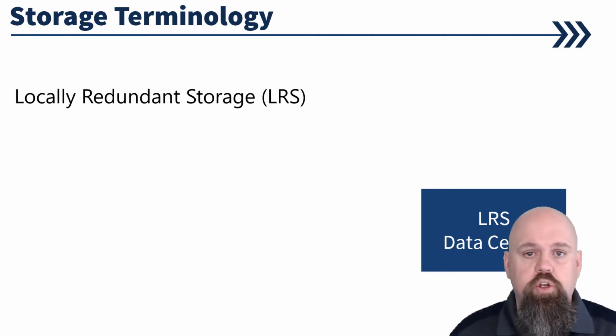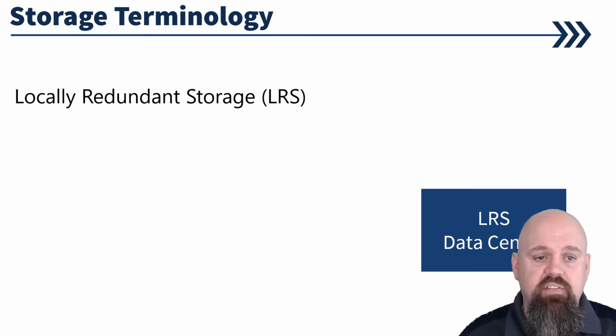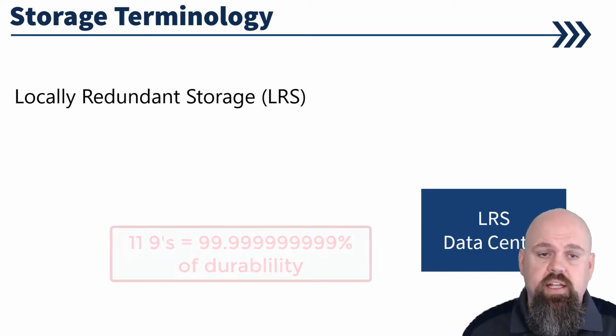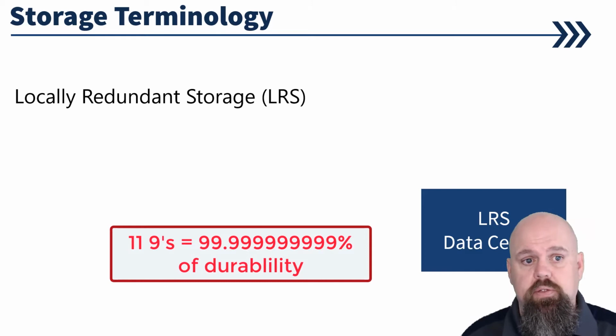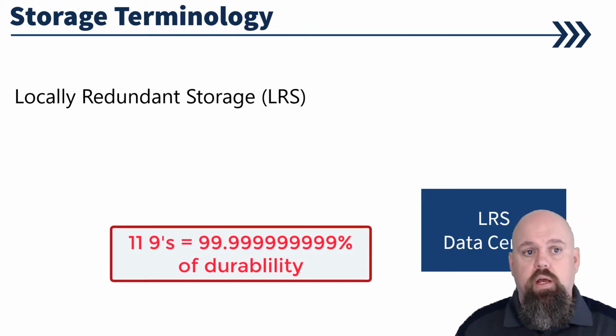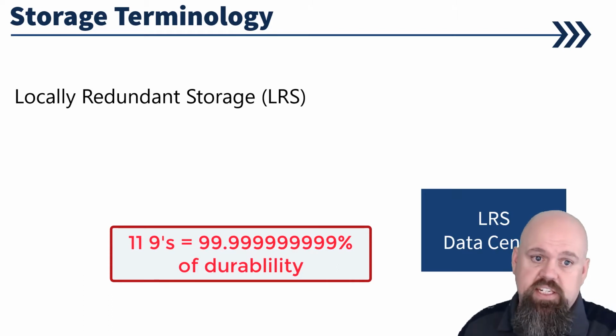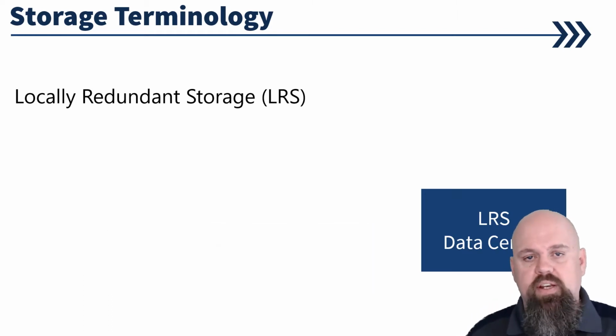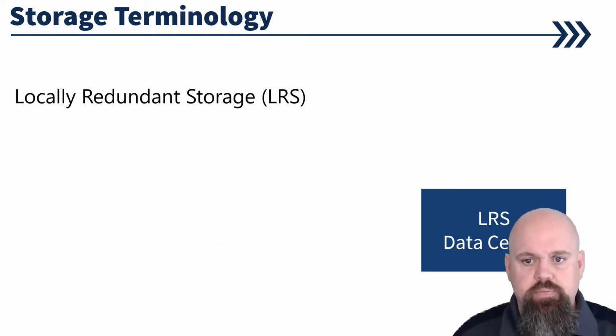So you do get a high number of high availability nines. You get 11 nines with this, which means that the locally redundant storage is going to be up and serviceable 99.999999999% of the time, but it's only locally redundant within that one physical location.